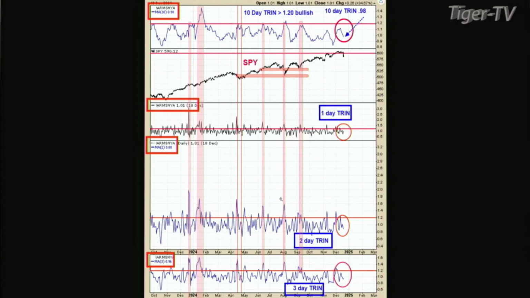If you do, chances are it's a pullback in an uptrend. If you get a pullback and you don't see panic, then that decline will continue until you do get panic. So even though we may see a minor bounce short term, it's not the final low. It won't be a final low until the 10-day trend gets up around 1.2. Okay, I see. That's another bearish sign.